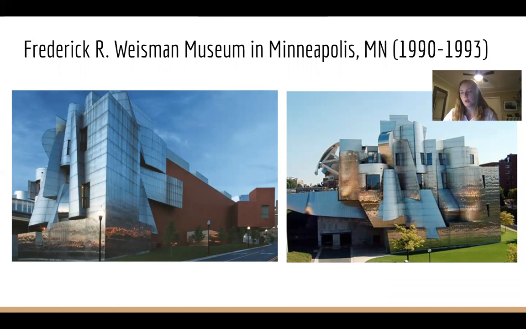But when viewed from the north and west sides, Gehry used a series of these curved and intersecting brushed stainless steel sheets, and they actually depict a fish and a waterfall in a very abstract manner, but fish were actually a symbol that he carried a lot through his architecture, interestingly, but it also kind of nods to the natural environment of Minnesota.